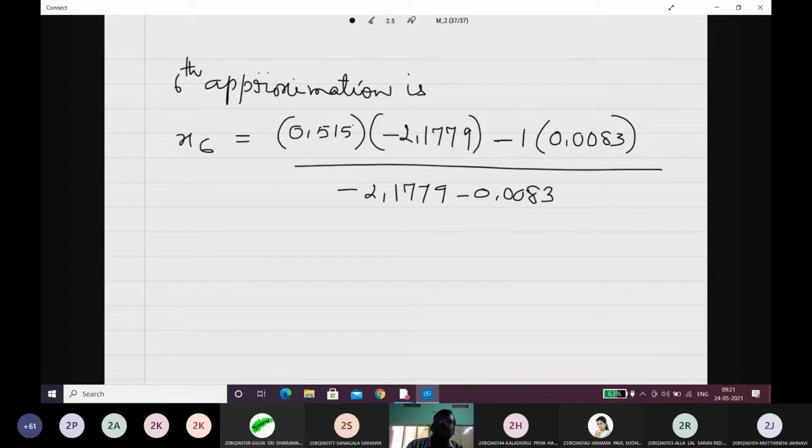Check once whether these values are correct, son, I have not turned the page. Is A value 0.515 correct? Yes, sir. f of A value 0.0083. Is it true? Yes, sir. Good. Now give me the value of x6.